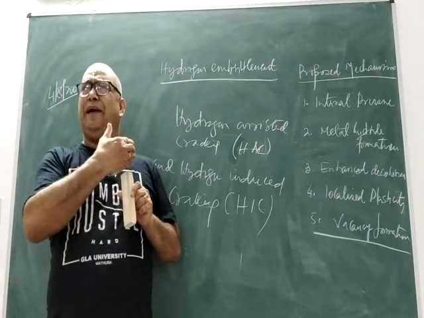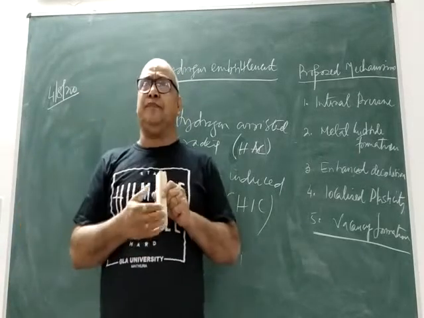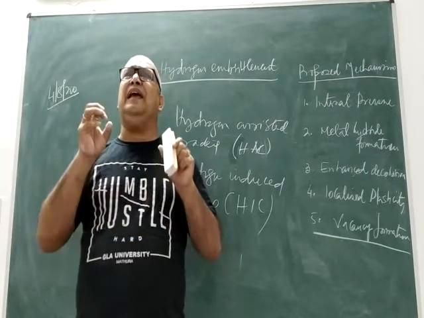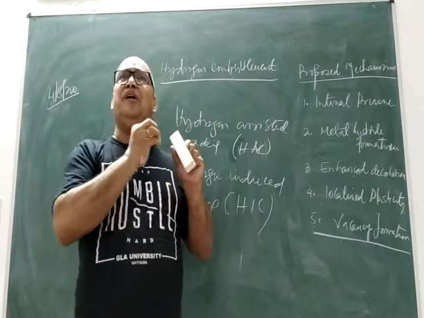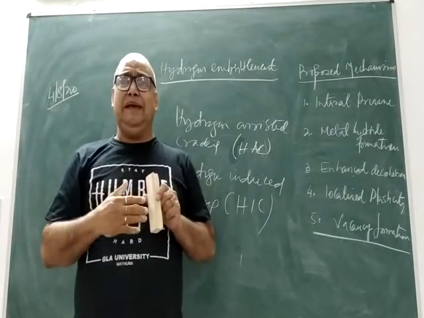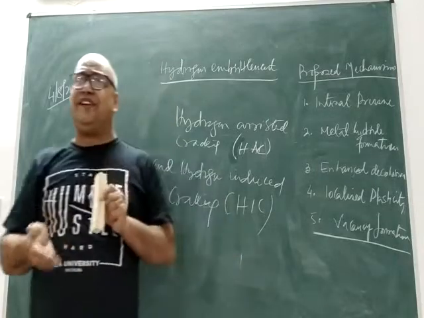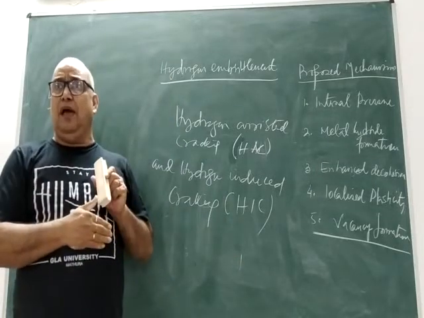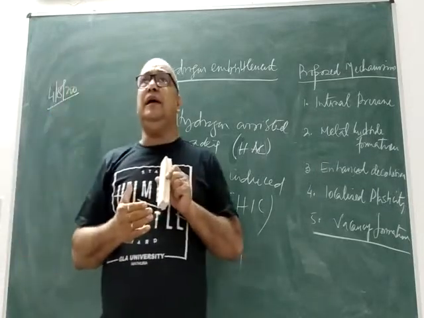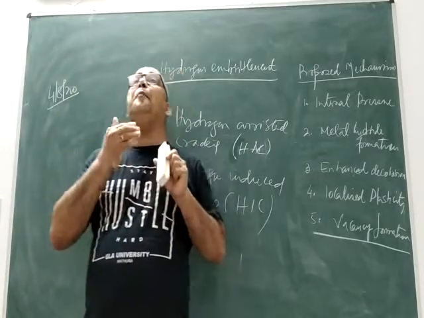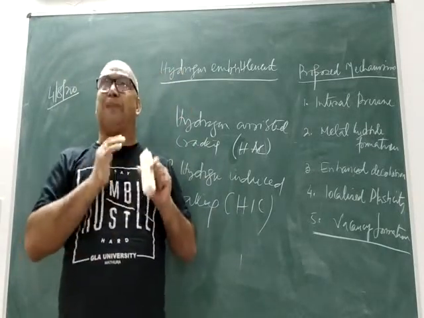This is a very complex and very poorly understood phenomenon because of the variety and complexity of the mechanism, due to which embrittlement of the metal or metallic structure takes place.